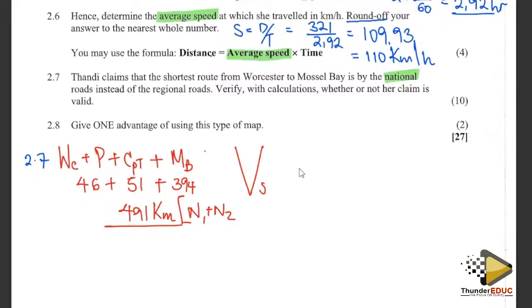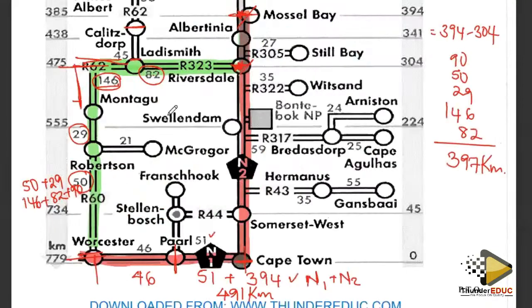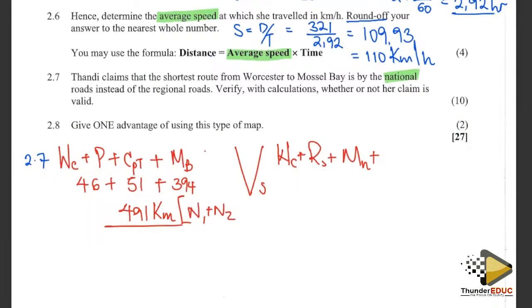We say Waterloo and then Robertson. Then we go to Montagu, then it goes to Ladismith, and Riversdale. So the distances we saw in between, from there to there, we have a 50.